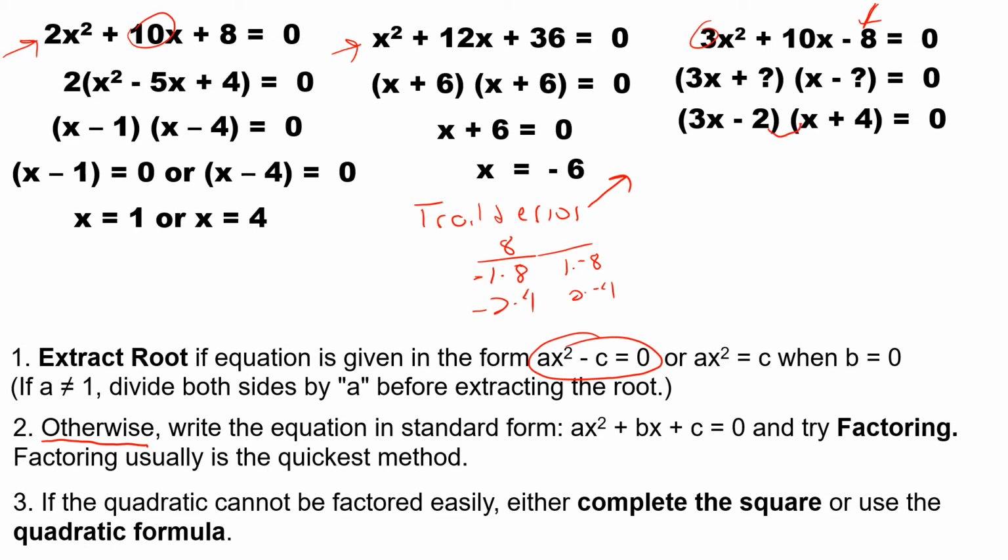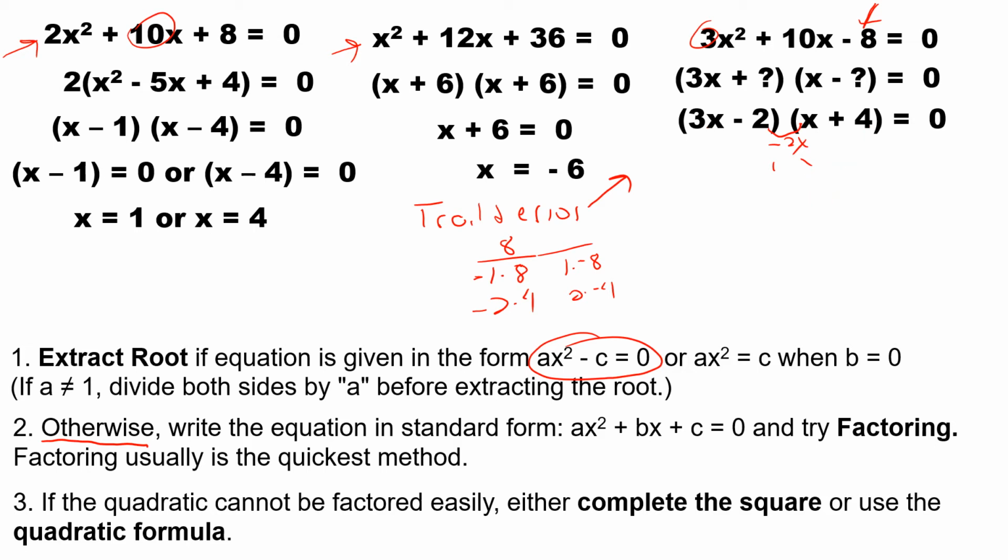So negative 2 times x is a negative 2x, and 3 times 4 is 12x. Negative 2x plus 12x gives me 10x. So this factor did give me the middle term when I tested it out. Now I could have gone through several different patterns before actually succeeding at that.